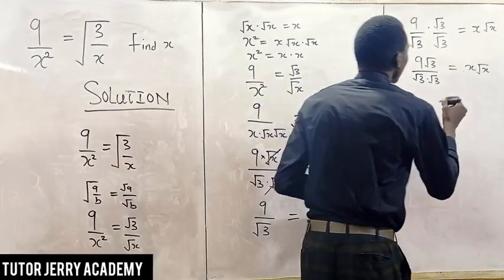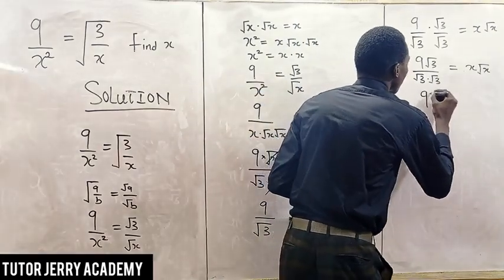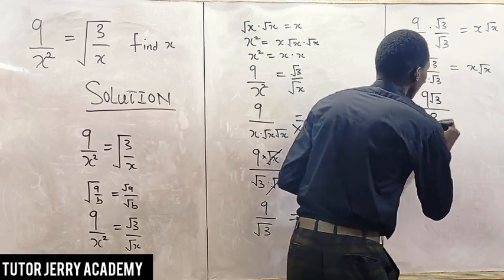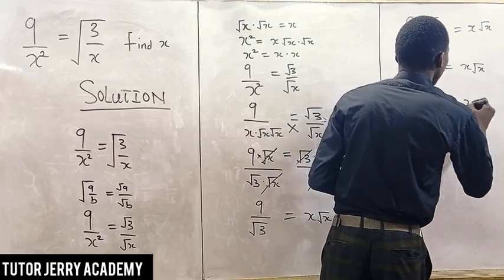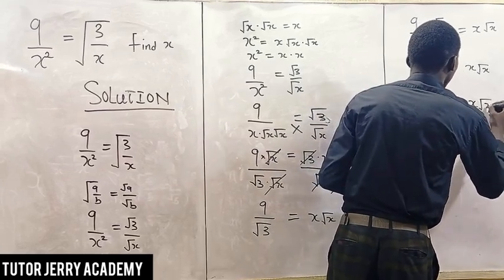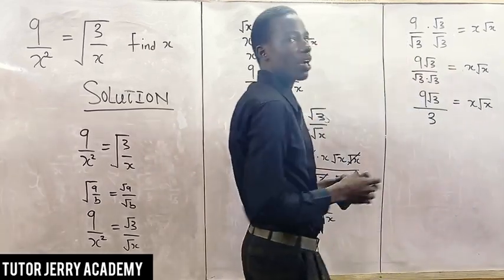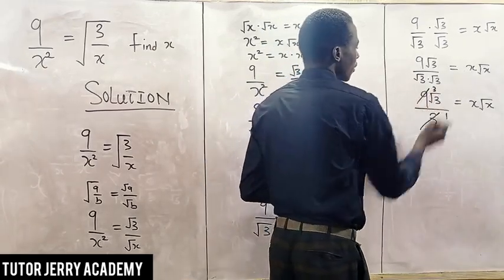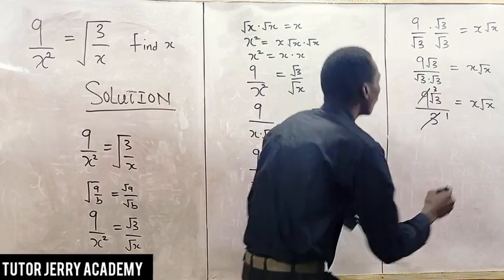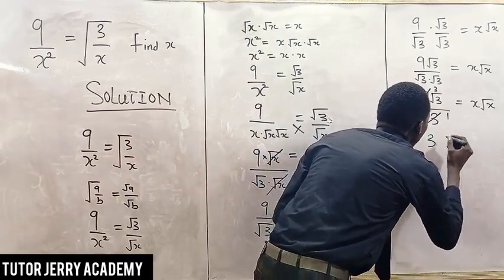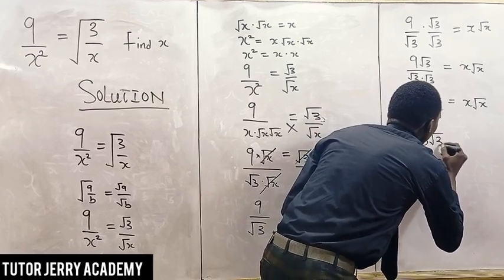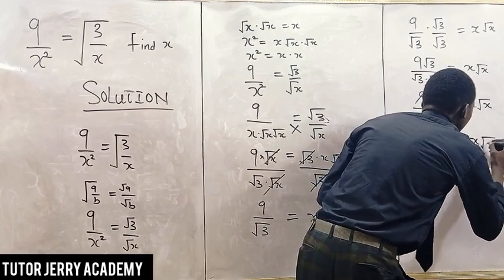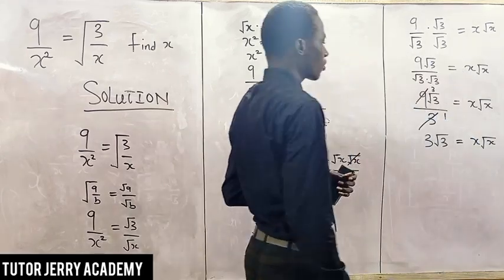So it implies that I'm going to have 9 square root of 3 all over 3 equal to x square root of x. So 3 here is 1, 3 here is 3. It implies that this equation will become 3 the square root of 3, which is equal to x the square root of x. So this is what I have.